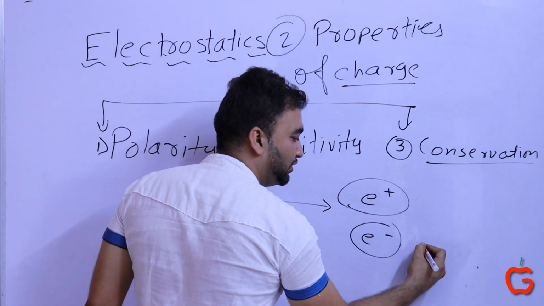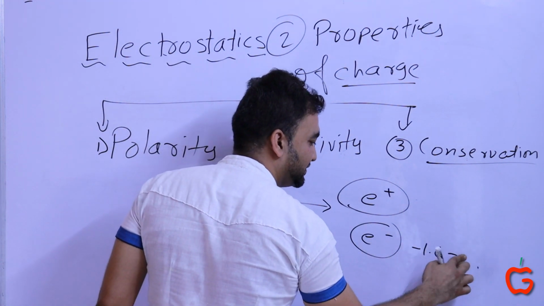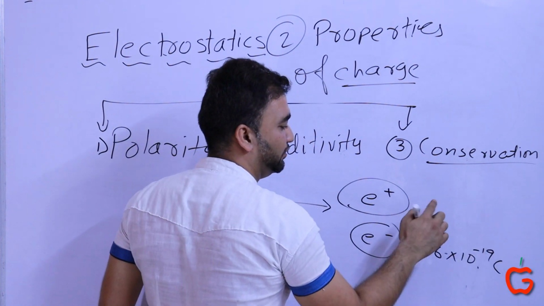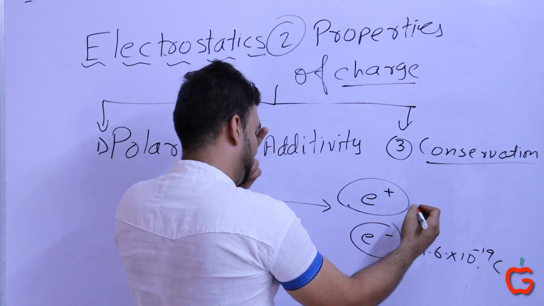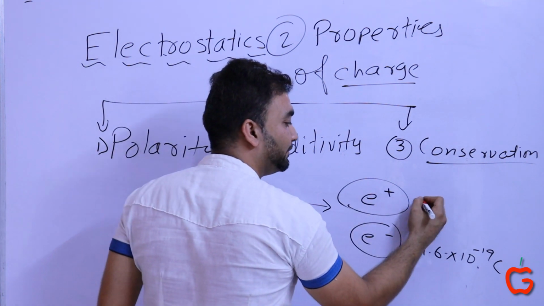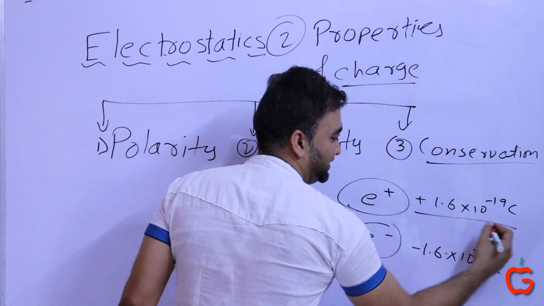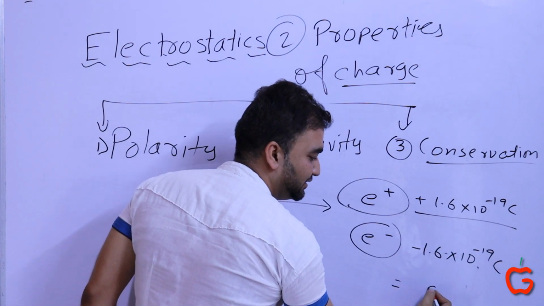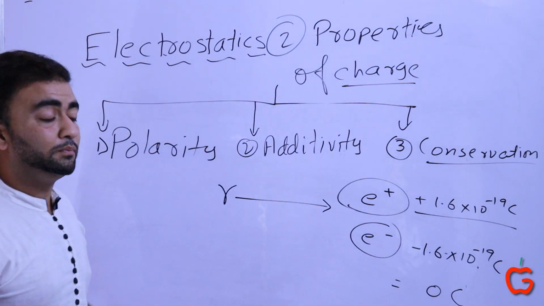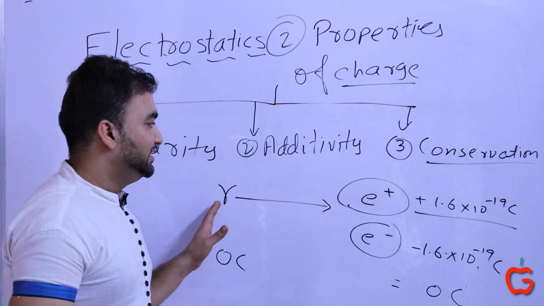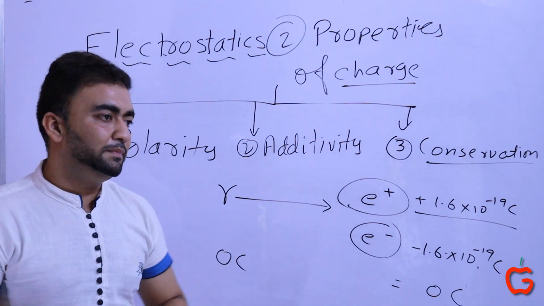Now the charge of this electron is minus 1.6 times 10 raised to minus 19 coulomb. A positron is essentially a positive electron. It's not a proton, it's different from a proton. The charge is plus. So when you add these, the total charge is still 0 coulomb, which was the initial charge. So in this pair production, charges are always formed in pairs.